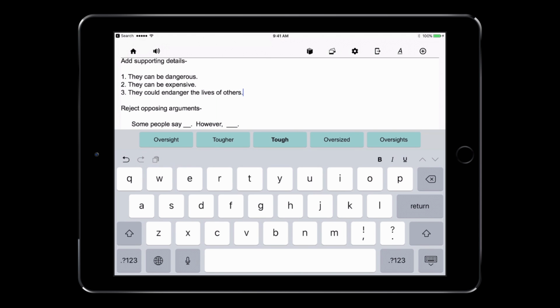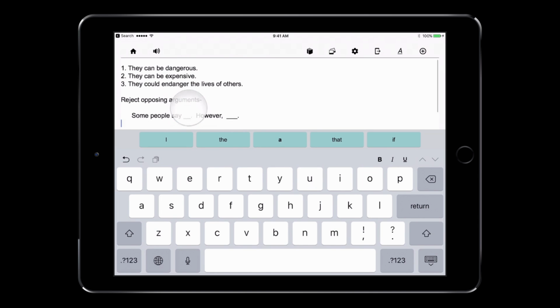Later on, as they get familiar with their writing, I may take some of those structures away. But starting out, they need some sort of a structure to realize how to recognize the other side and then refute it. So we say, some people say blank, however, and then the students will list how that side of the argument is wrong.